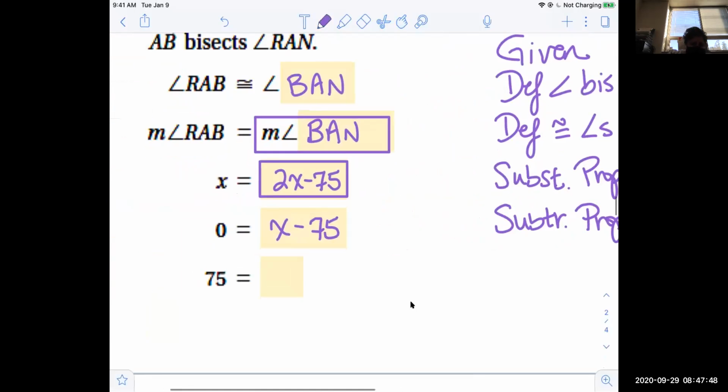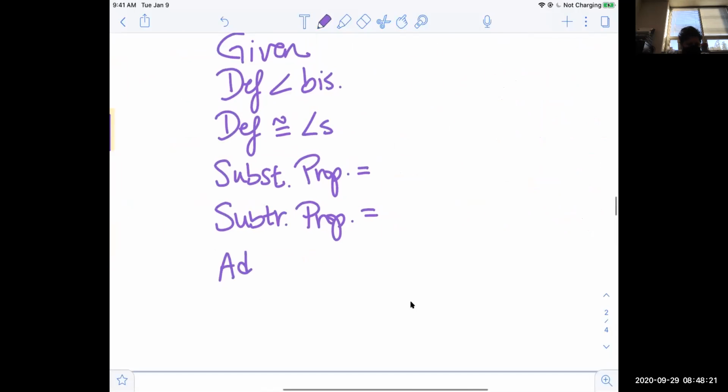Okay, and if you want to kind of show the steps here, if you want to sort of think through what's happening, that's fine. They're kind of doing that without showing the step, but it's perfectly fine if you want to think through it by writing on the equation. Okay, and then 75 is equal to, we were solving for x, that should be x, right? How do you get that? Yeah, you added 75 on both sides, right? So that would be addition.